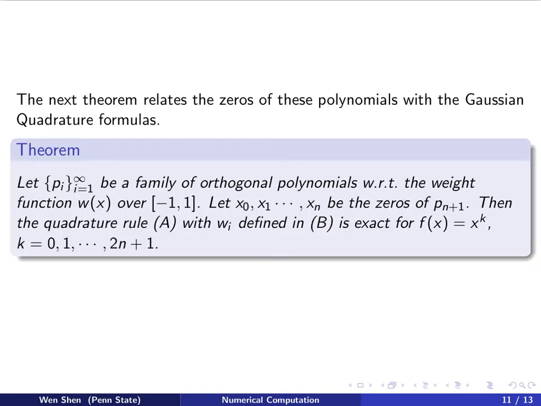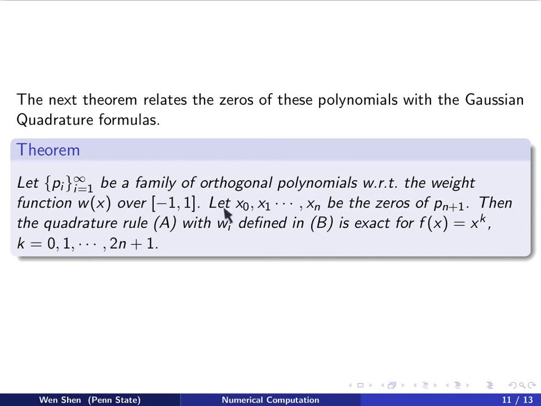Now the next theorem relates the zeros of these polynomials with Gaussian quadrature. The theorem says, let P_i be a family of orthogonal polynomials with respect to the weight function w(x) over the interval [-1, 1].